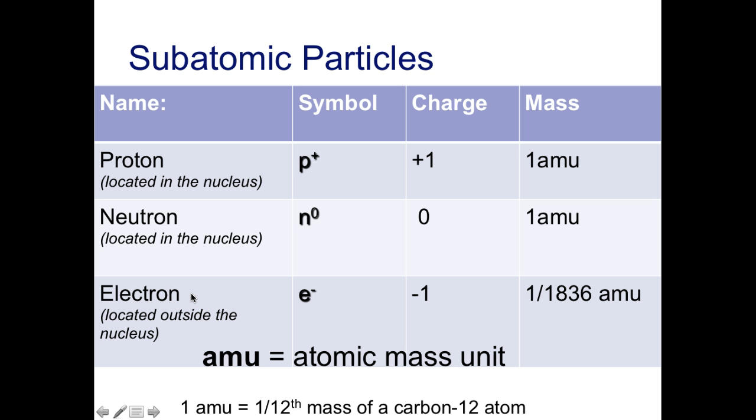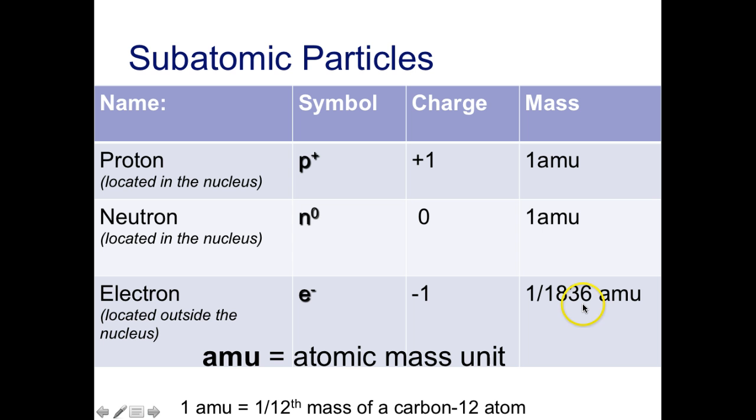The electron is the third subatomic particle. It is located outside the nucleus, in those orbitals that we talked about that Bohr found outside the nucleus. Its symbol is an E with a minus charge. It has a charge of -1, and the mass is 1 over 1,836 AMU.